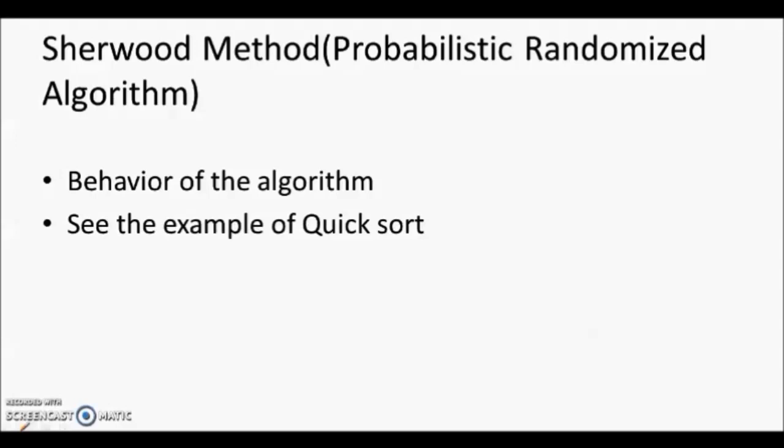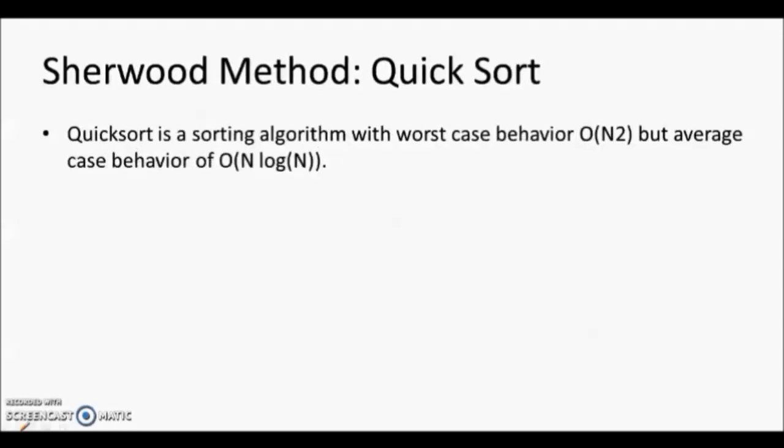Next is the example of quicksort pivot selection problem solving using Sherwood methods. Quicksort is a sorting algorithm with worst case behavior of order n squared but average case behavior of order n log n.